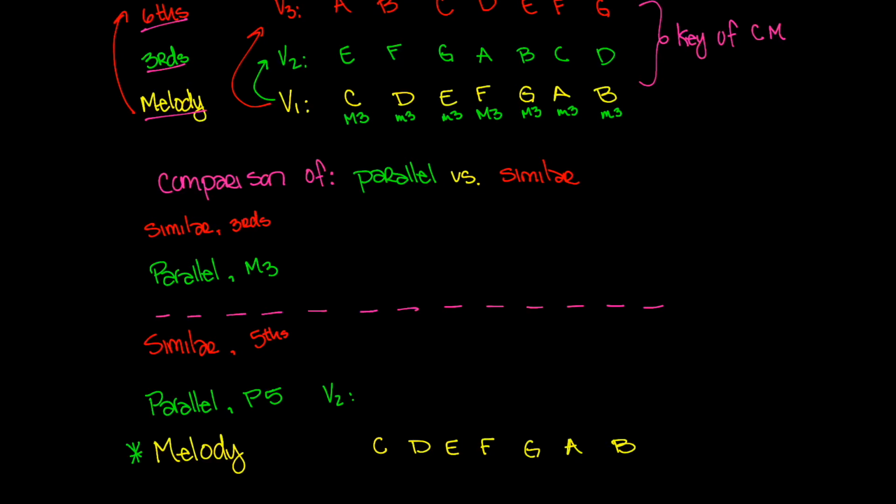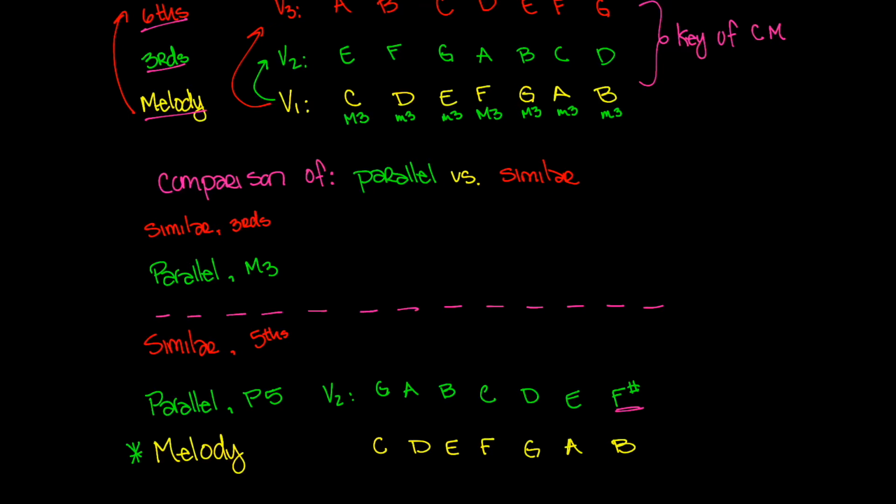And if I would do this as parallel, and remember that parallel is that the interval size is going to stay the same, then what I'm going to end up with is what would be a fifth up from C. That would give me G, and then A, B, C, D, E, and F sharp. And clearly this is not in the key of C major.